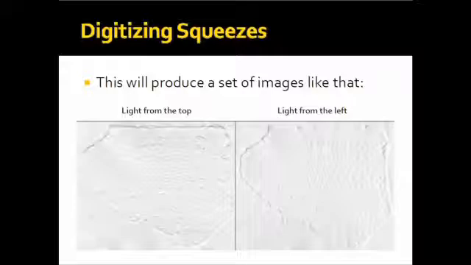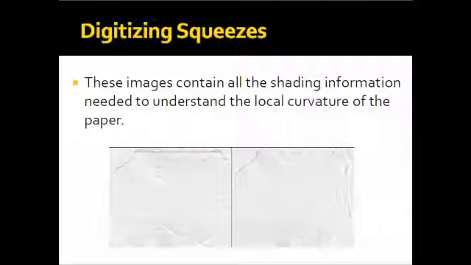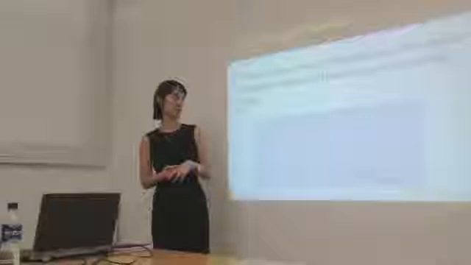This is an example. I don't know if it's visible to everyone. In this case, the light comes from the top. In this case, it comes from the left. And these two images are the only pieces of information that our algorithm requires to reproduce the 3D anaglyph, the 3D model of the squeeze.